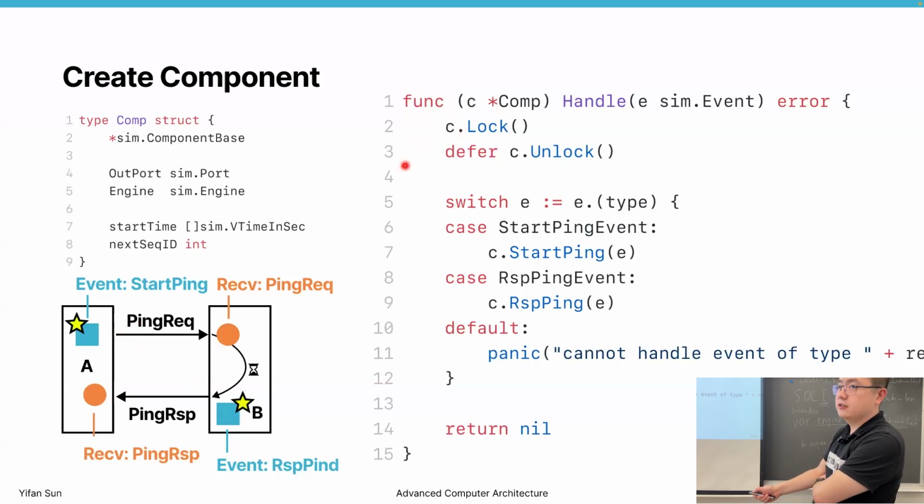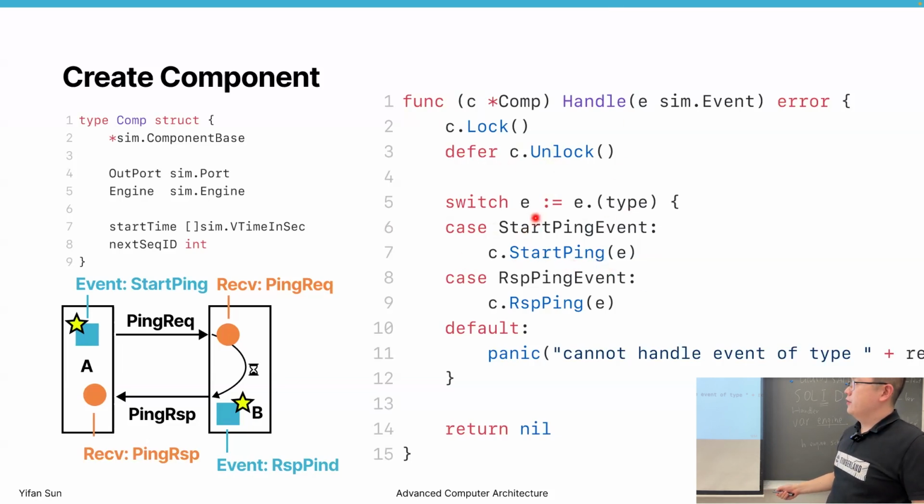We have a lock just to prevent this event being handled in two different events at the same time. For most of the time, you don't really need this lock, because later on we're going to implement ticking components. You don't even need to implement handle. You only need to implement the tick function. But that's something we're going to talk about in the next lecture.